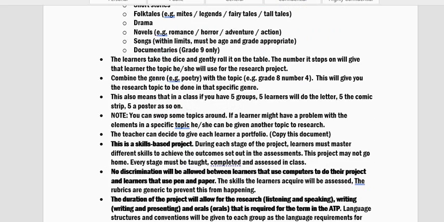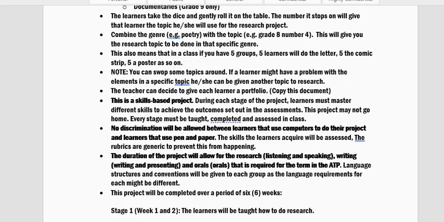This is the way, once again, the project was meant to be conducted. The learners would then have taken a dice and rolled it on the table. The number on which it landed will allocate the topic to the learner. If you do it differently this year, please remove this. You can then maybe add, learners will be given or allocated a topic for their research.